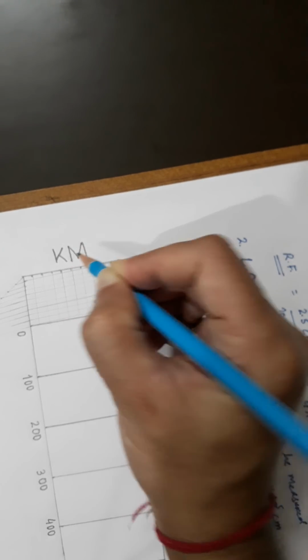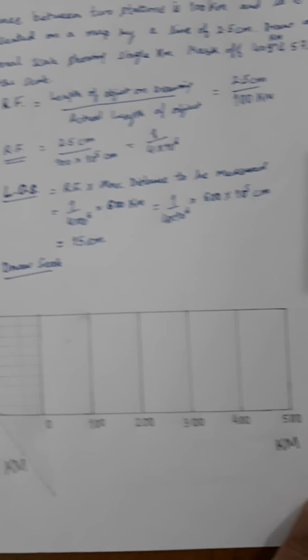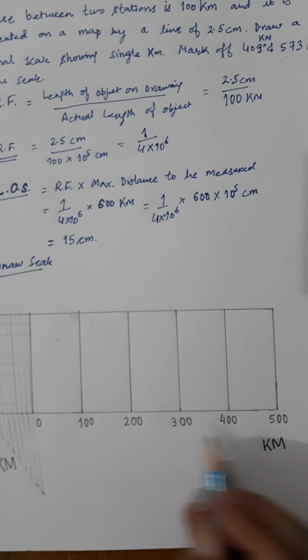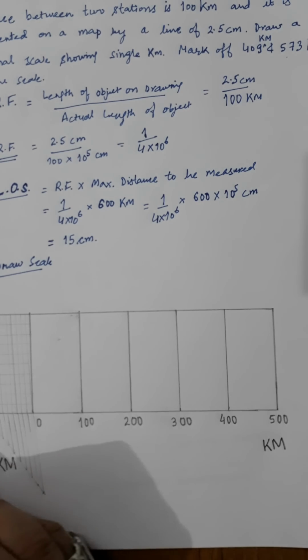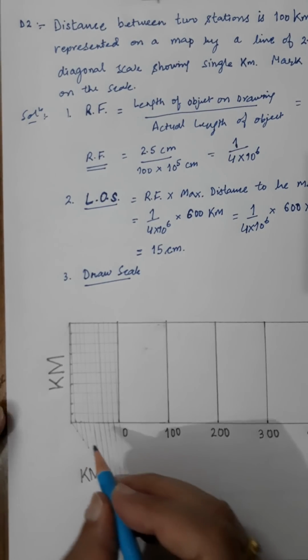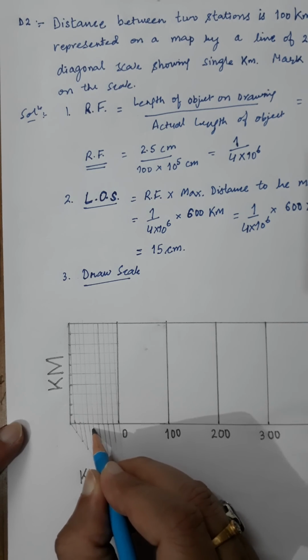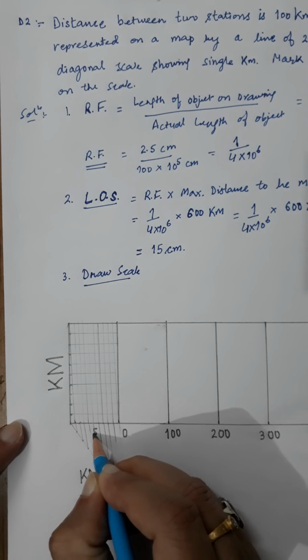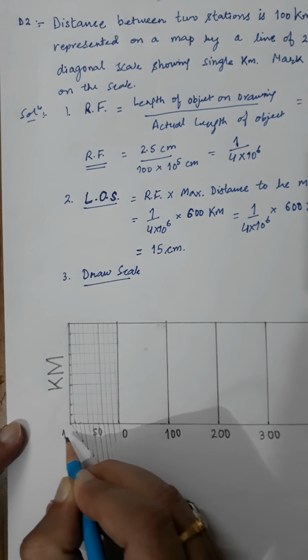Each division is a single kilometer. So kilometers here and kilometers here. This is 100 kilometer, each division is 100 kilometers. Here on this side each division is 10 kilometers. So it is 0, 10, 20, 30, 40, 50. So this is 50. You can write 50 here. Then this is 100.